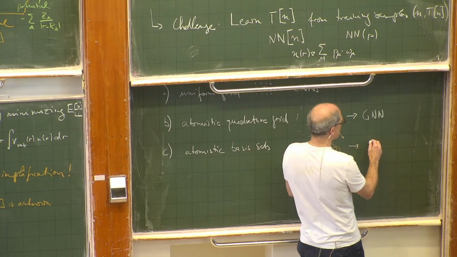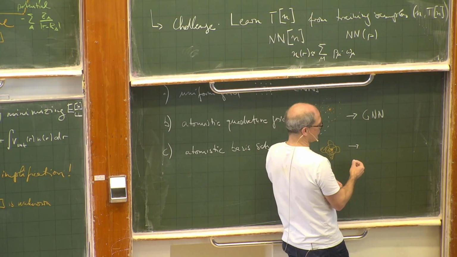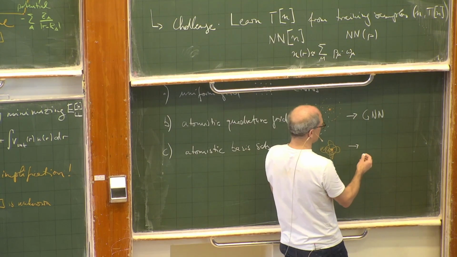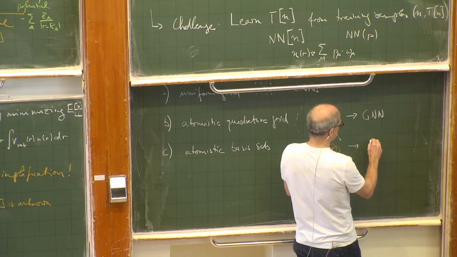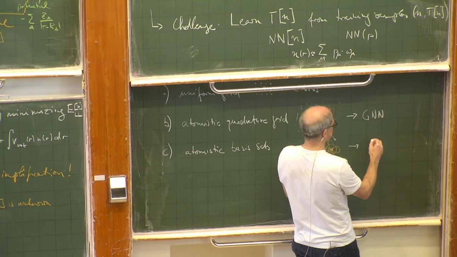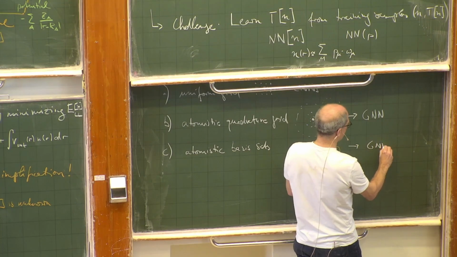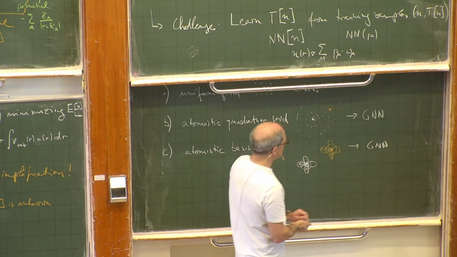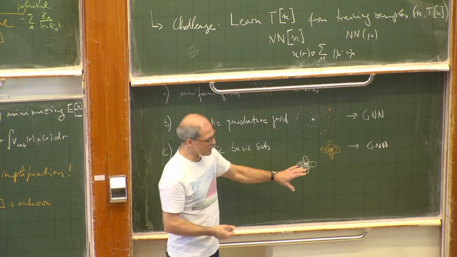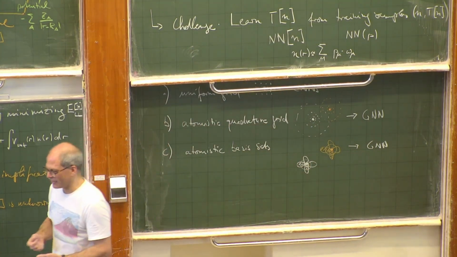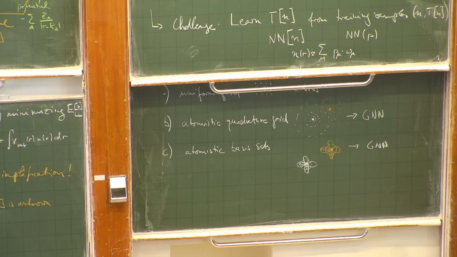All right, and here we can use the kind of architecture that we discussed last time. So I'm going to also just write GNN here, but this is surely an invitation to use these tensorial equivariant networks that we discussed last time.